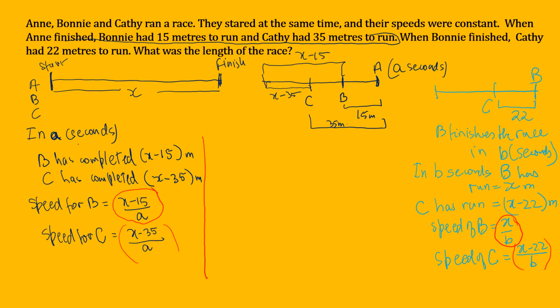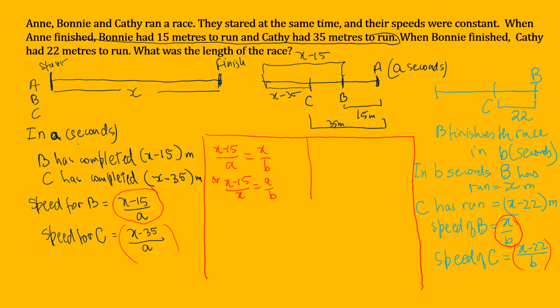So I'm going to write x minus 15 out of A equals x out of B, or I can say x minus 15 out of x equals A out of B. I just did some manipulation.